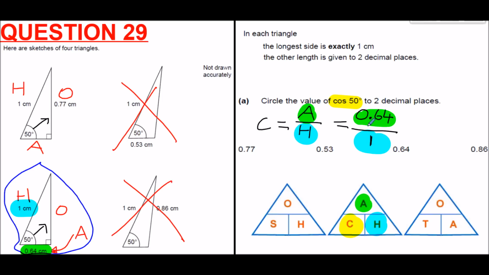A over H, 0.64 divided by 1. Any number divided by 1 just stays as it is. And so the cos of 50 would be 0.64. And so the one we need to circle is this one here, 0.64.